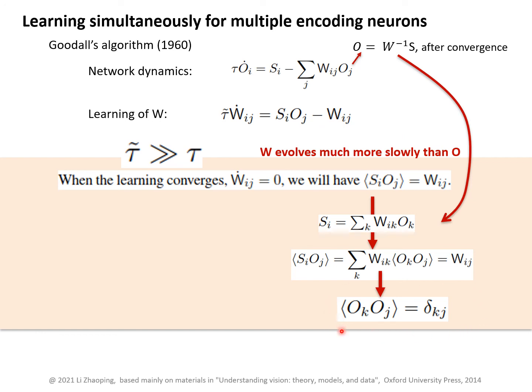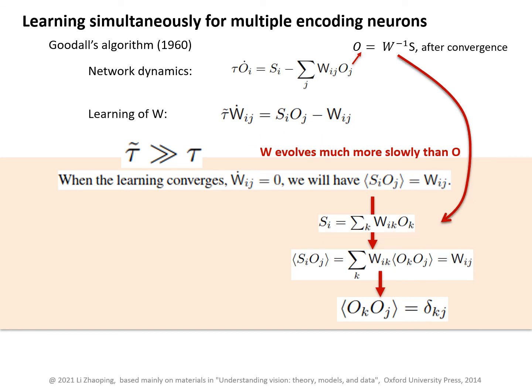This is the most efficient code when the input noise is 0. In fact, not only are the output units decorrelated from each other, each output unit also comes to a fixed variance. So the activity doesn't blow up to infinity, but is fixed to a finite quantity by this learning rule.